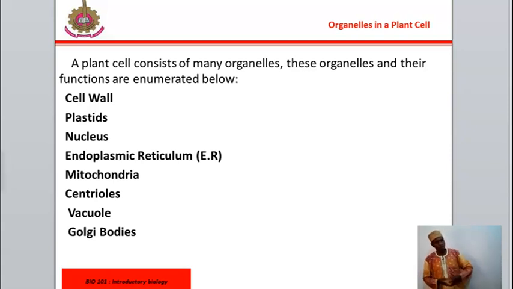The centriole is an organelle that is mostly found in the animal cell. When it is found in the plant cell, it is used in cell division, when the cell is dividing, during mitosis.